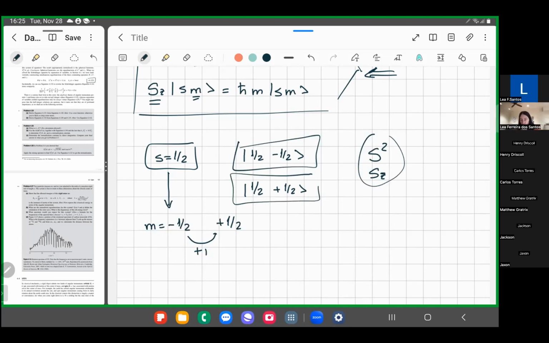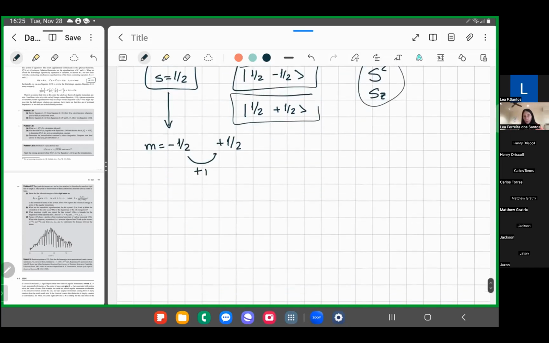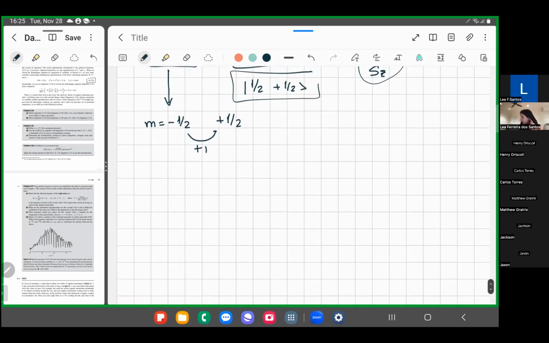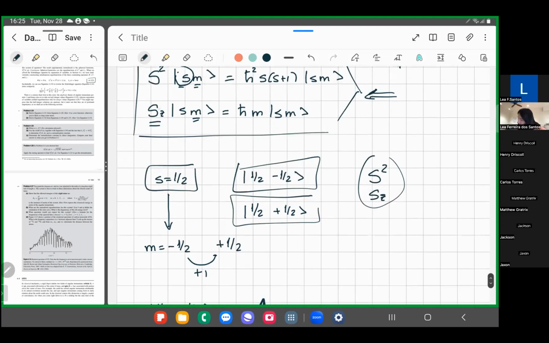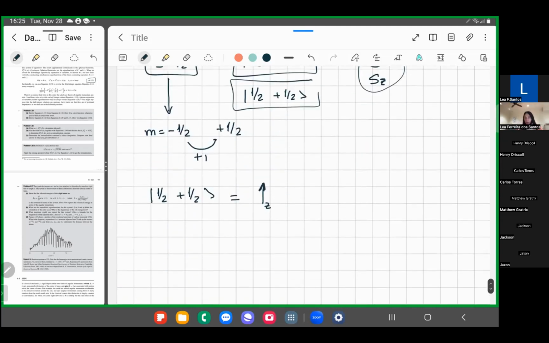So that's how I'm going to start the next class: I'm going to start playing with some notation. This state, half and plus half, this eigenstate, means a spin that is pointing up in the Z direction, because it's an eigenstate of SZ. I'm going to use a very convenient notation for that.